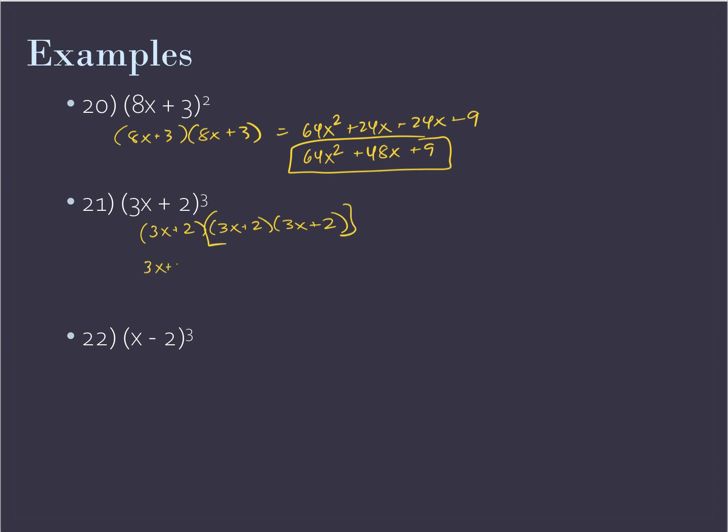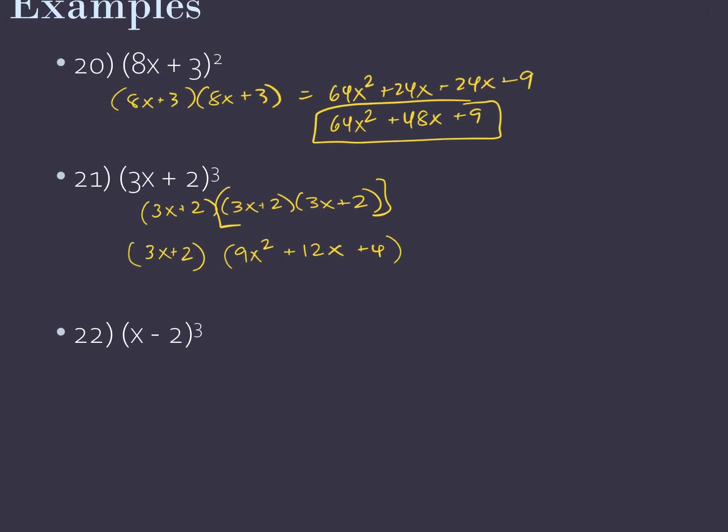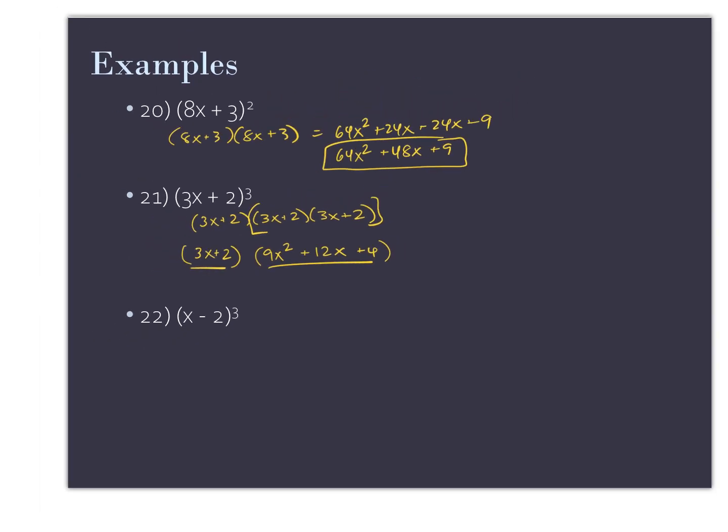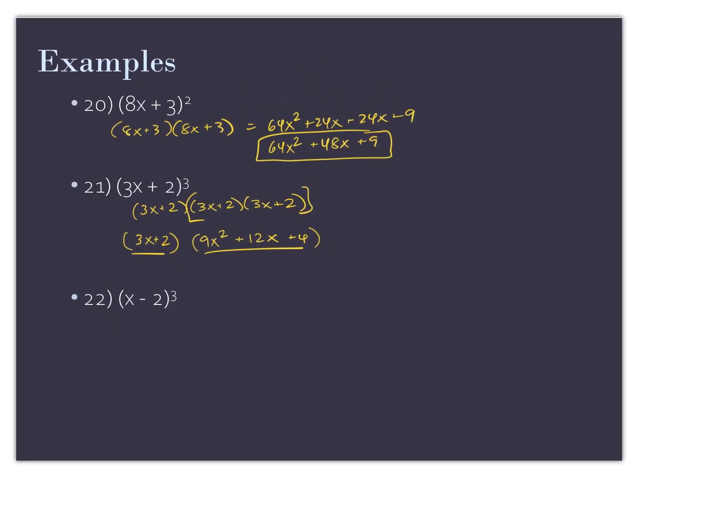So I have 3x plus 2 times 3x plus 2, and this is going to be 9x squared plus 6x plus 6x plus 4. And when I combine these two middle terms, I know that I'm going to get a plus 12x here in the middle. And so now I have to multiply this trinomial by this binomial.